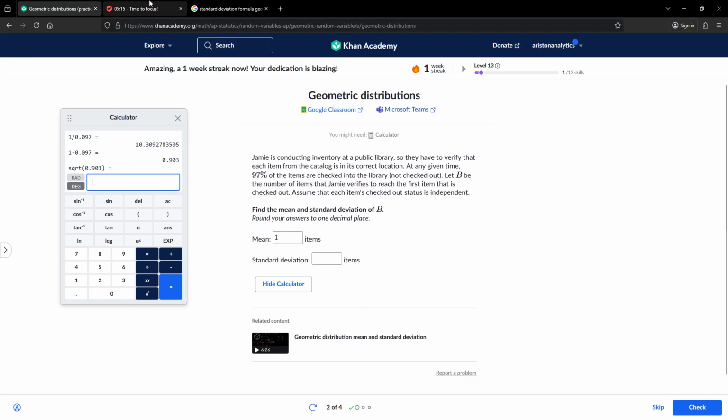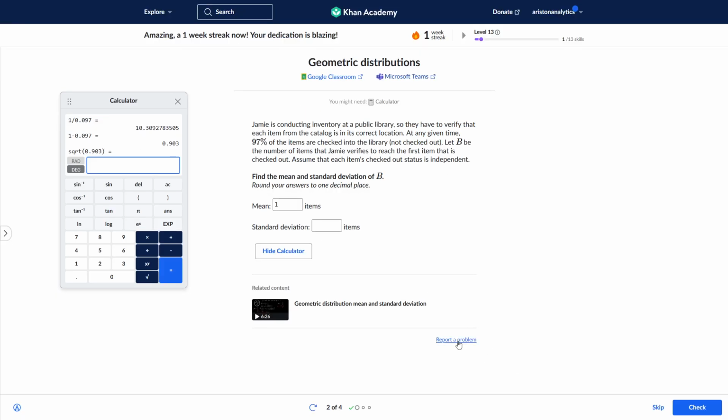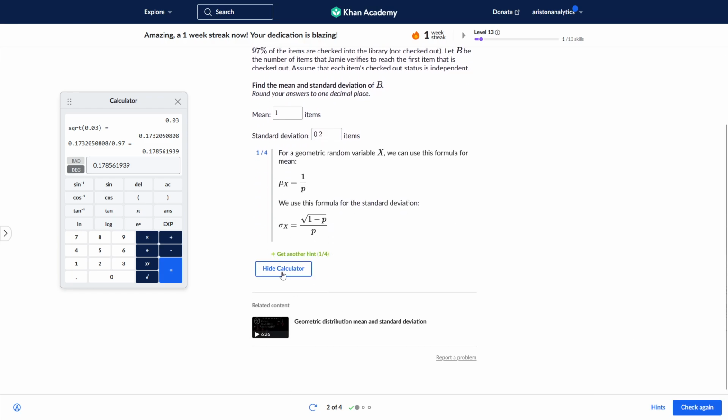Give me a second. Okay. Standard deviation. 1 minus 0.97. Square root of 0.03. And then we do this divided by 0.2 items. Oh my god, where did I go wrong?